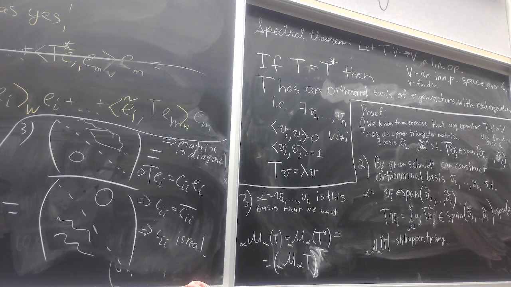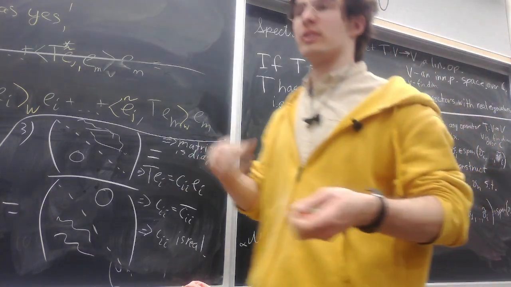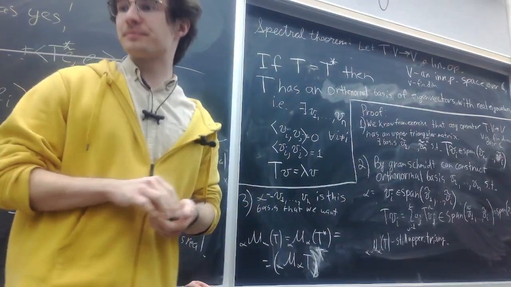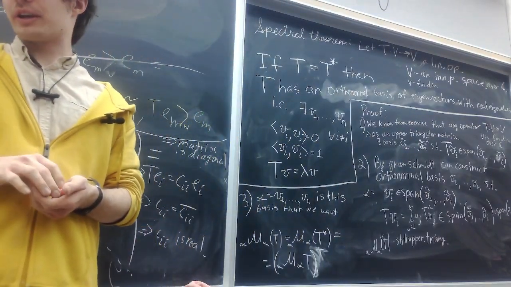Yes, that had the condition that span of v_1 up to v_i equals span of v_1 tilde up to v_i tilde, and that gave us upper triangularity. If the matrix was upper triangular before, it still is upper triangular now. Okay.